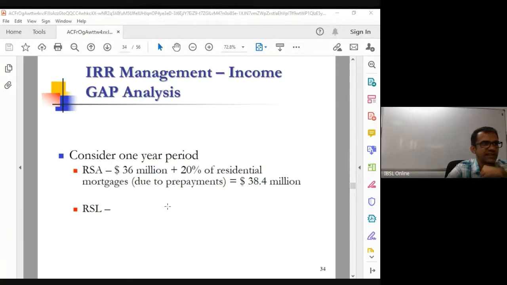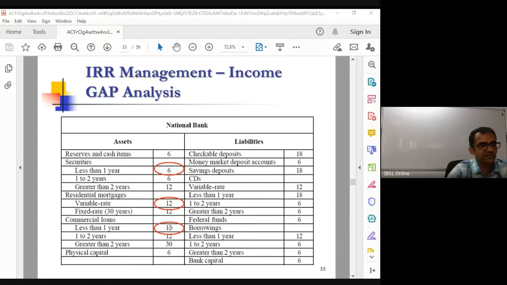There are rate sensitive assets, but plus on these residential mortgages, there's a tendency that people may prepay the capital. There's a possibility.